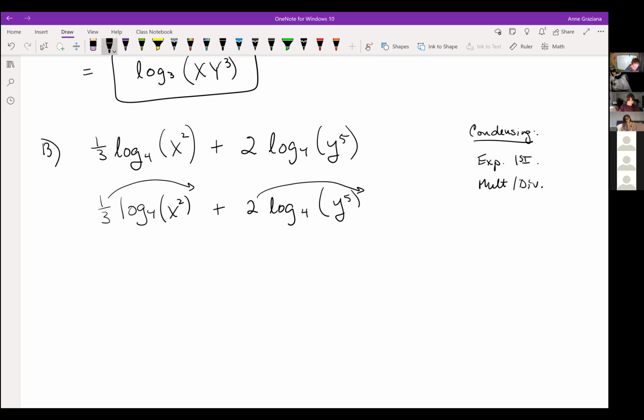So this is going to become log base 4 of x squared to the 1/3 power plus log base 4 of y to the 5th squared. Now, when you have a power to a power, what do we do with those powers? What can I do with that 2 and that 1/3?